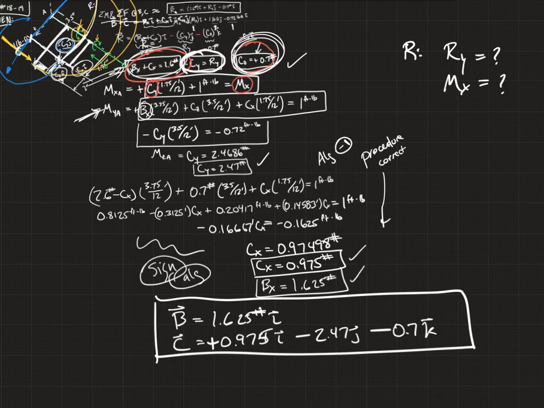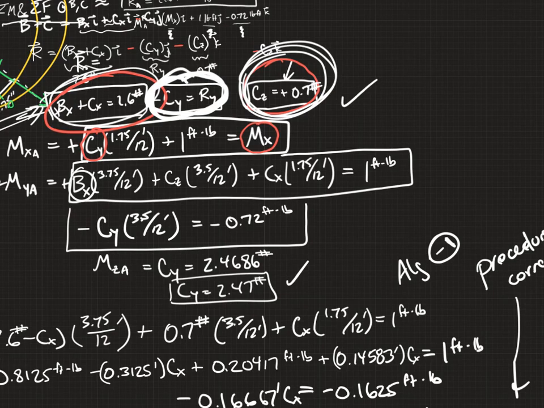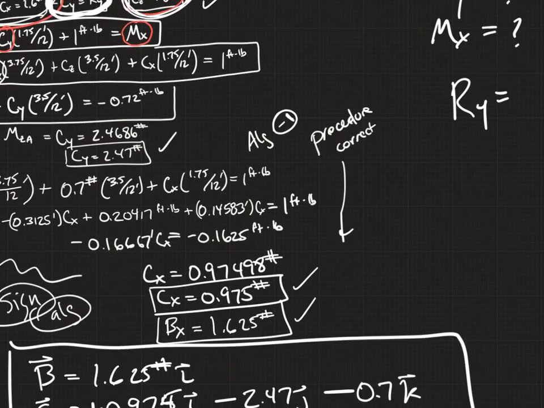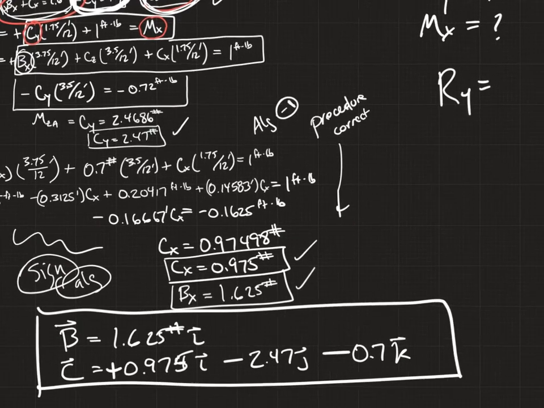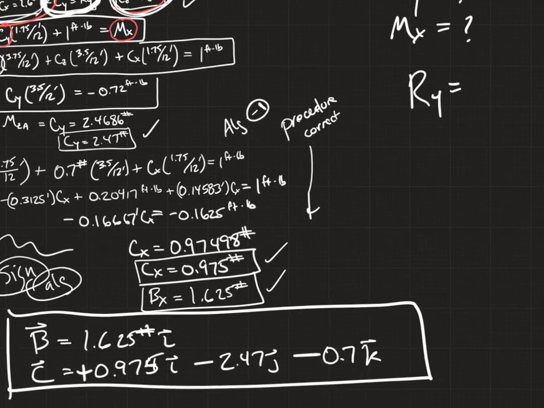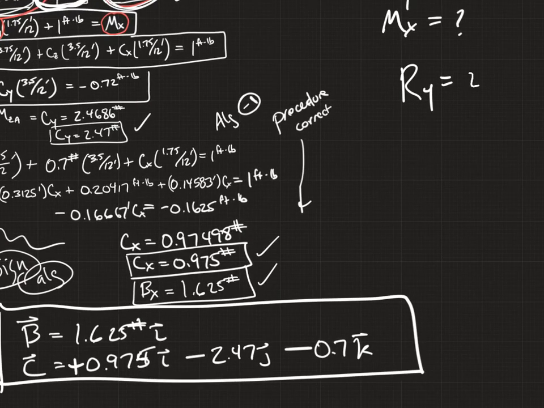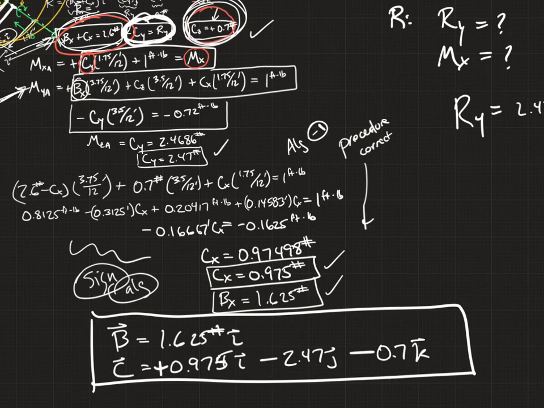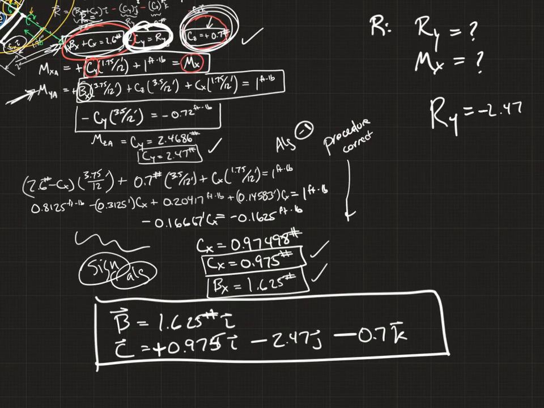So assuming I'm correct, which I'm not sure that I am, we'll use this equation right here that negative cy equals ry. So cy, where are you, cy? Is negative 2.47, so ry is 2. Wait, cy was, so it's going to be negative, okay?